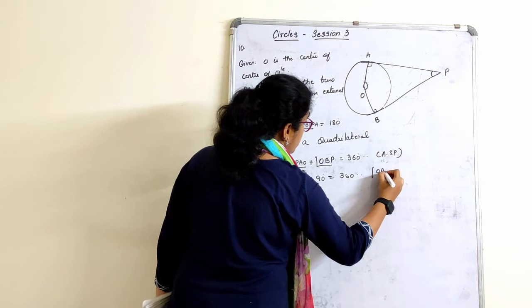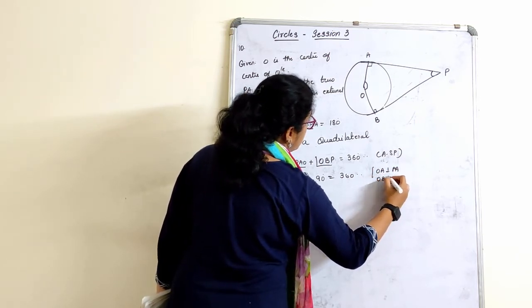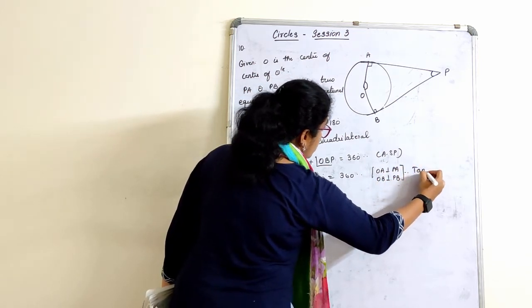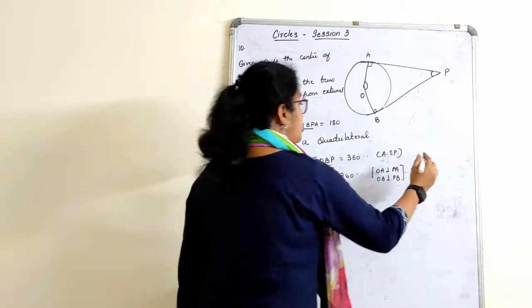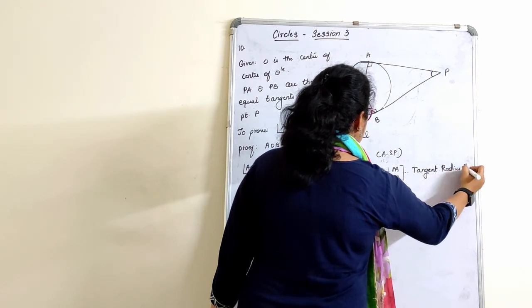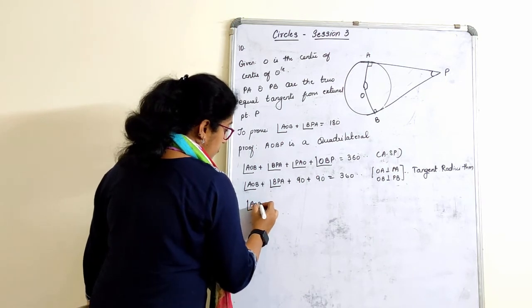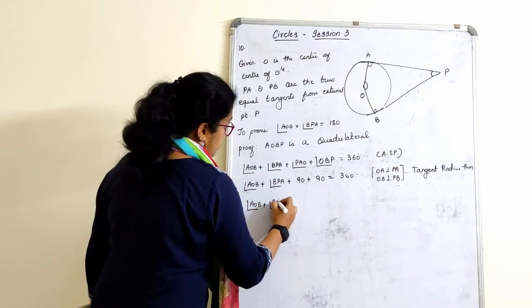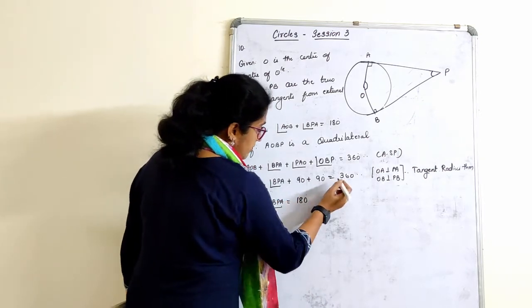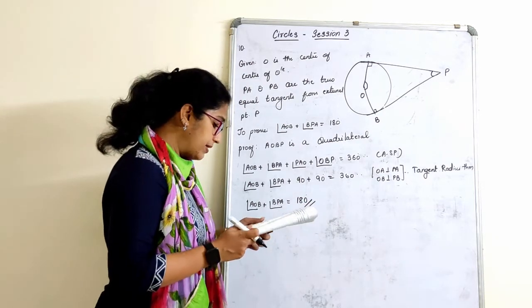Reason: OA perpendicular to PA and OB perpendicular to PB. Reason: tangent radius theorem. You always have to mention the tangent radius theorem. Over. So angle AOB plus angle BPA is 360 minus 180, which is 180. 90 plus 90 is 180. Hence proved. Right? Very simple one.